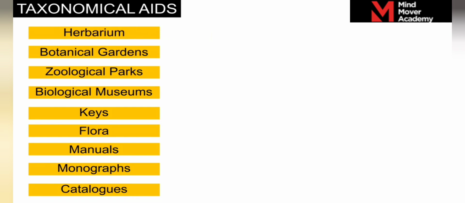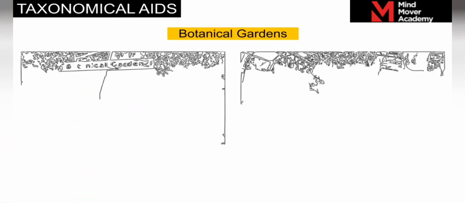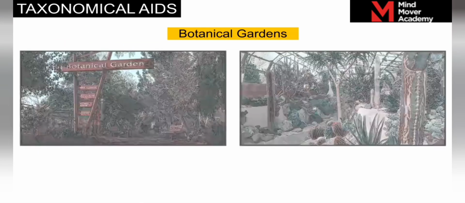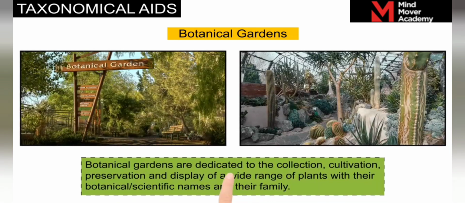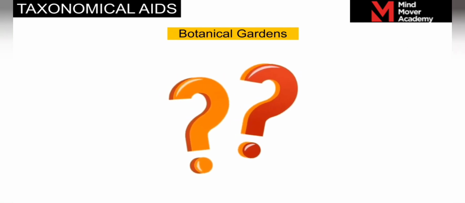Now the next one is Botanical Gardens. As the name suggests, Botanical Gardens or Botanic Gardens are dedicated to the collection, cultivation, preservation, and display of a wide range of plants with their botanical or scientific names and their families. Wonder why?